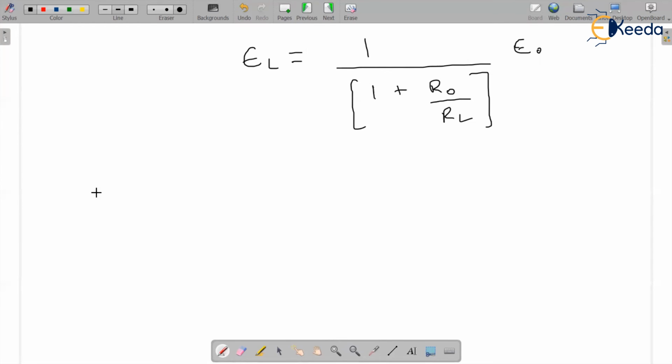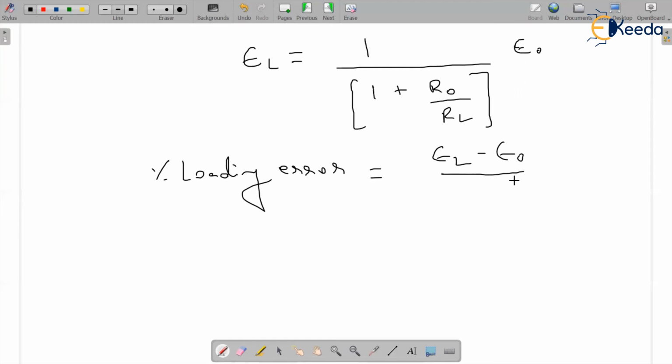So I can give a percentage loading error: EL minus E naught by E naught into 100.